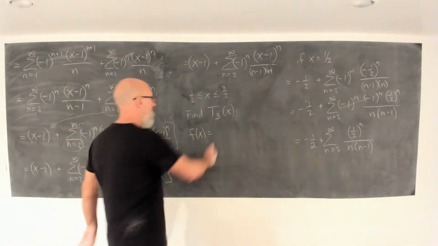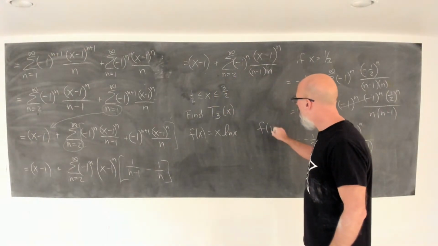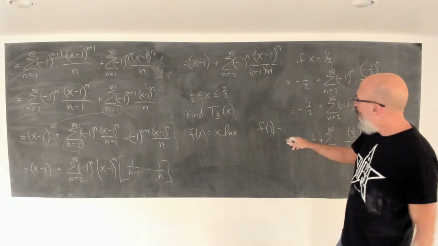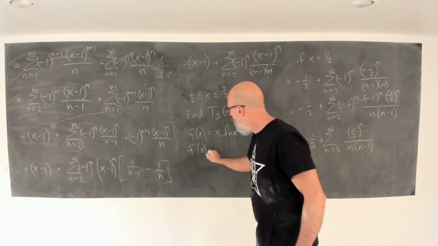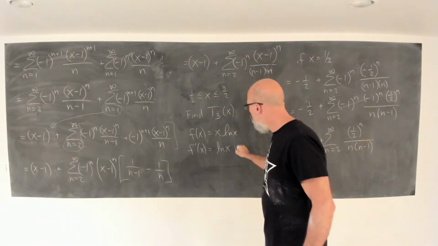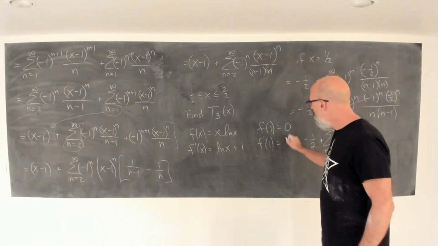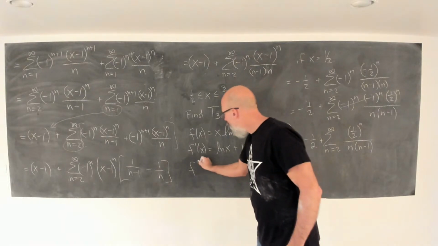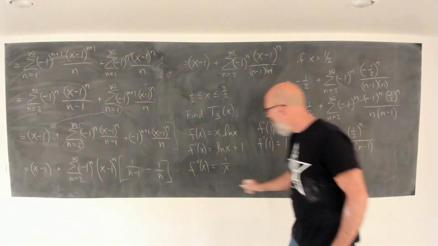So f of x was x ln x. Let us look at f of 1. You know, the usual thing. f of 1 is 0. The derivative, which is ln x plus 1. Derivative at 1 is 1. Second derivative is 1 over x.